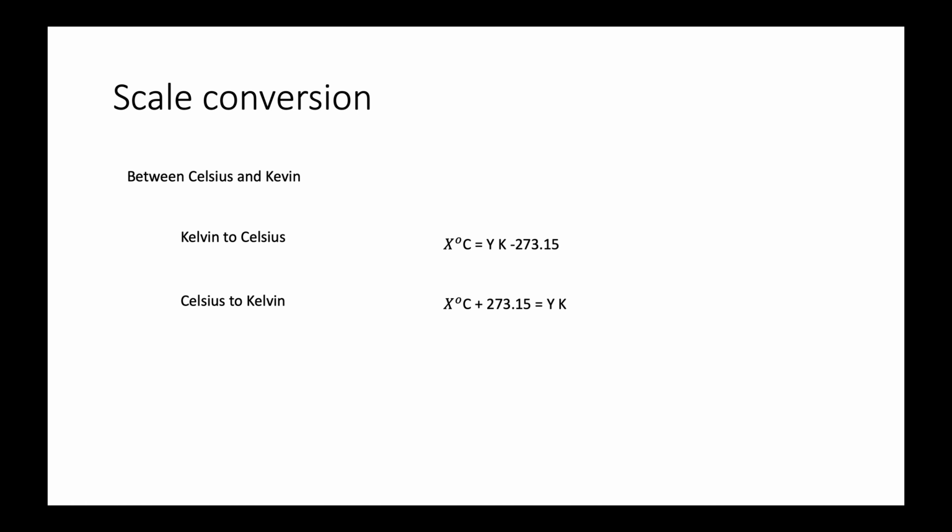So let's say you're at 273.15 Kelvin, and what is the corresponding Celsius? 273.15 minus 273.15 is 0 degrees C. And the other way around, for Celsius to Kelvin: what's the Kelvin temperature for 0 degrees C? It would be 0 plus 273.15, so that would be 273.15 K. All right, so that's the easiest of the three.